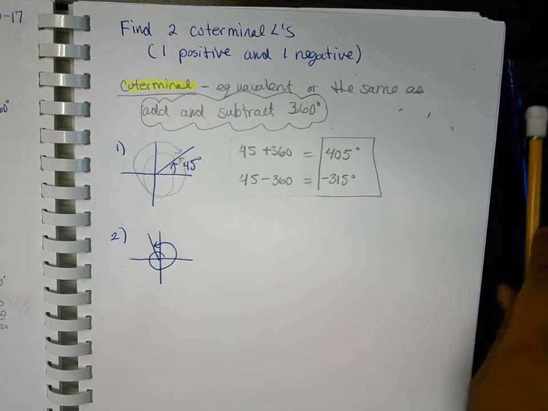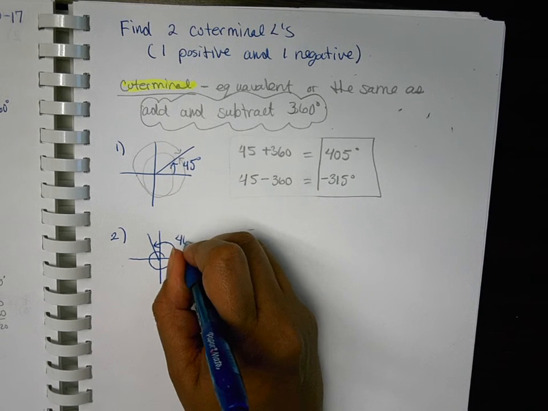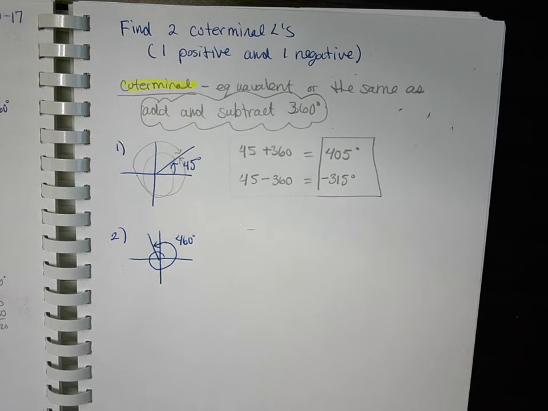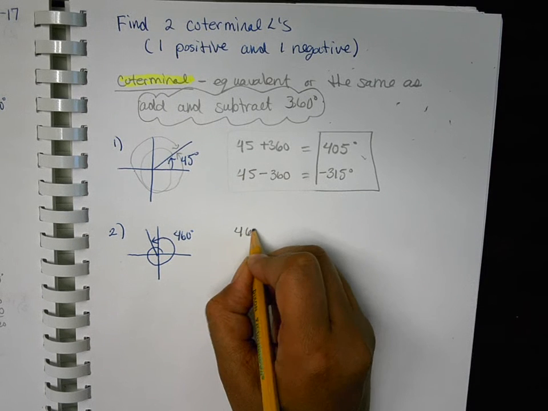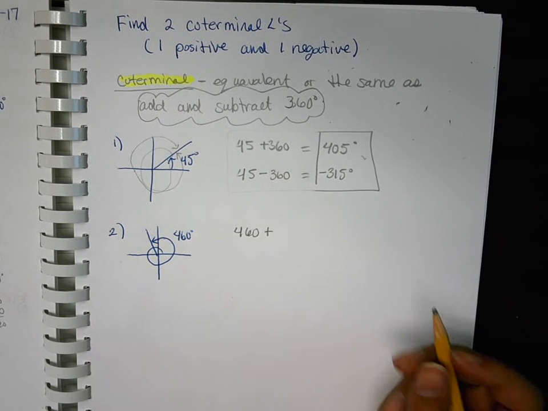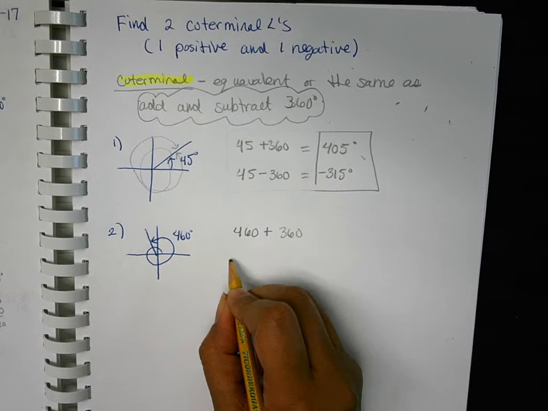Okay, I need to give you a number here. 460. All right, what are we going to do with the 460? Add and subtract. I'm going to have you do that now.